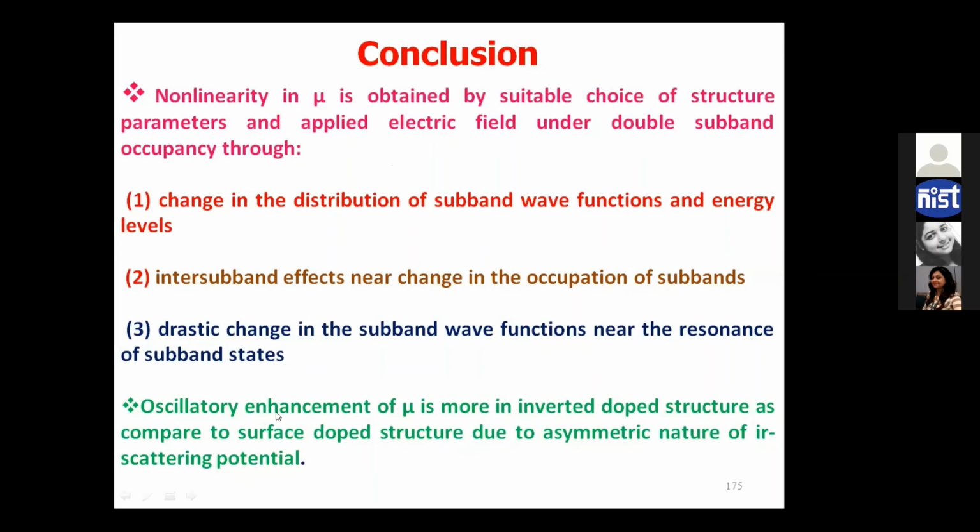So that oscillatory nature we can obtain, and mu is more in inverted doped structure as compared to that of surface doped structure, and this is due to the asymmetric nature of higher scattering potential.